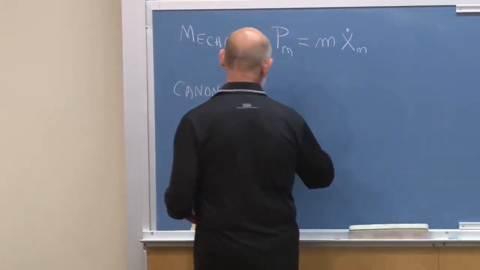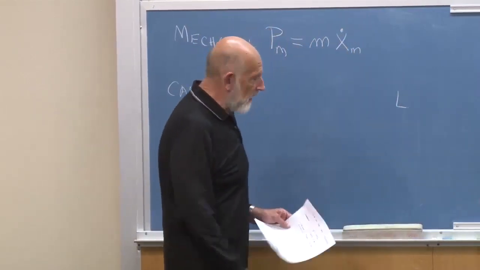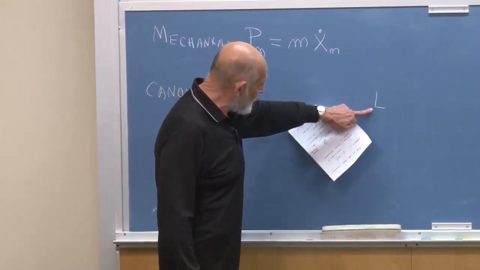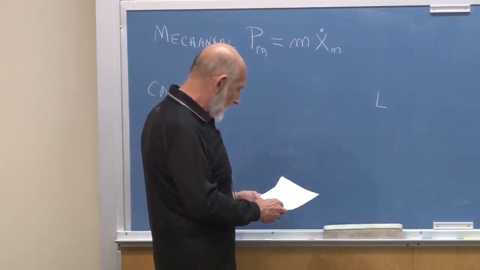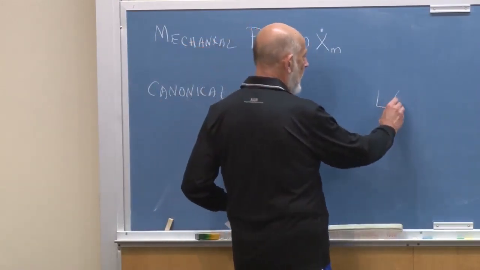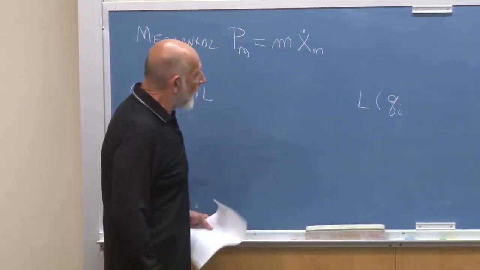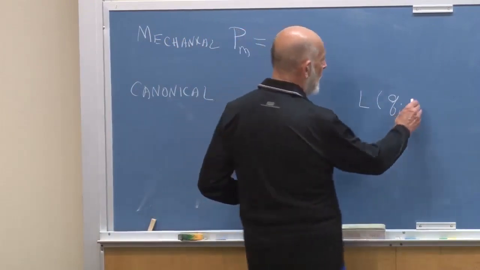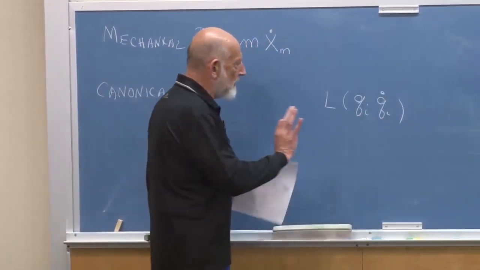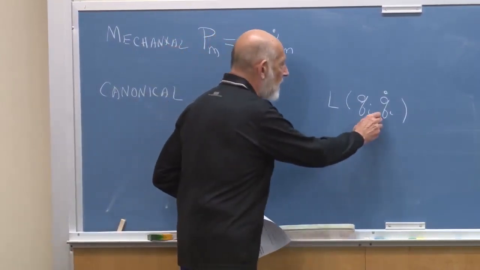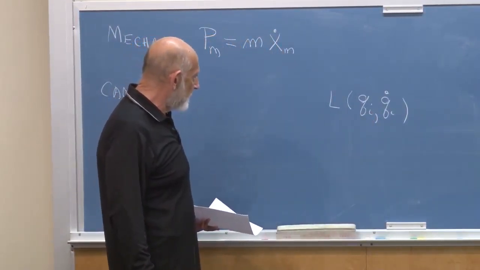I'm going to use the square L and not the script L for the moment. It's a function of a set of coordinates called qi and their time derivatives, qi dot. This doesn't mean some particular qi. It means the set of coordinates and the set of time derivatives.